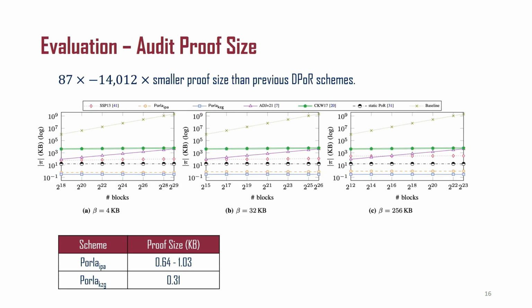We perform comparisons with Rewind and state-of-the-art Deep QR designs. Regarding the proof size, the audit proof size of our scheme is 87 to more than 14,000 times smaller than prior approaches. The proof size of our scheme using inner product argument depends on the block size, but for both our schemes, the proof size is small and independent of database size.